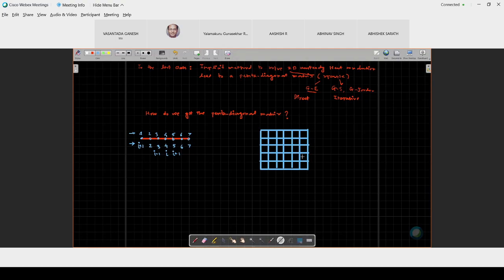In this case, there are two directions, so we have indexing in the x direction and indexing in the y direction.